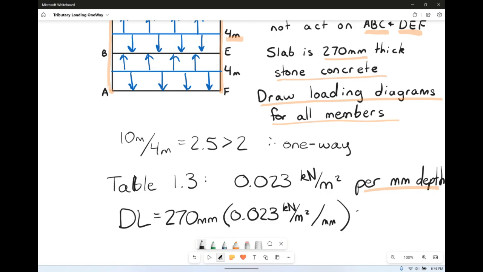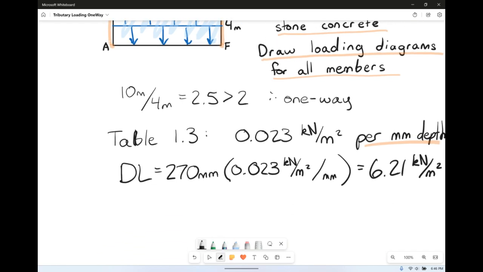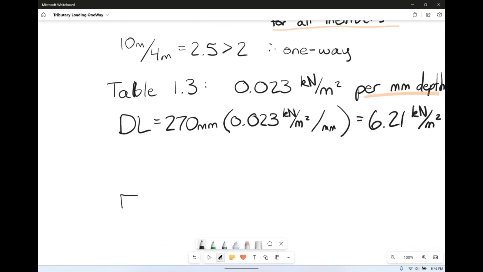So our millimeters cancel out, and we're left with 6.21 kilonewtons per meter squared. So that's the dead load. That's going to be applied across this entire area. And our arrows are showing where it's being distributed. So let's go ahead and draw a beam out for our members.